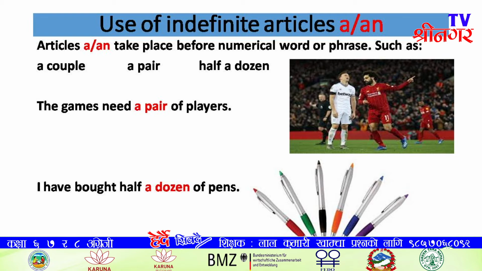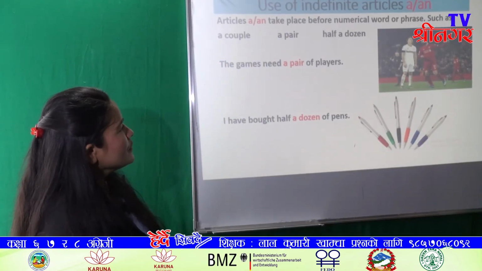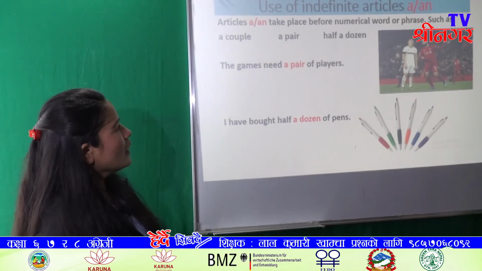And look at the example. "The games need a pair of players." Okay, here you can see a pair of players. Pair means two. Yeah, there are two players. Pair is a numerical word, and before a numerical word, we can use article a or an.